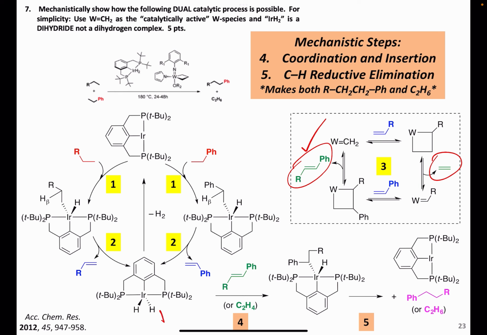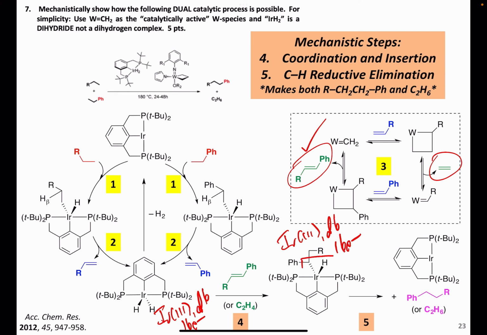You started with an iridium(III), d6, 16-electron compound. The coordination of the disubstituted olefin would transiently give you an 18-electron compound. You then get insertion into the iridium-H bond. You now have a new iridium(III), d6, 16-electron compound.